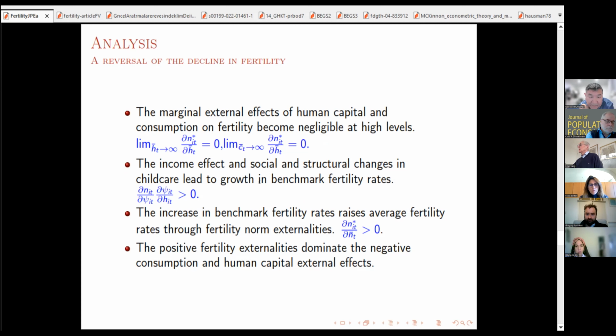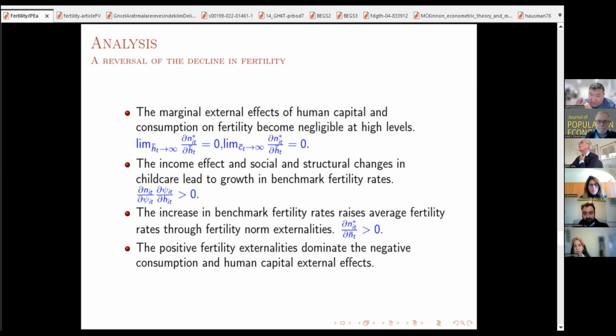But at the same time, because of the structural change in childcare and this social change, as I said, that for example husbands are looking after the kids more than before, all these things can lead to an increase in this psi, which decreases the time spent on children. So it turns out that has a positive effect on the fertility of at least high income people.